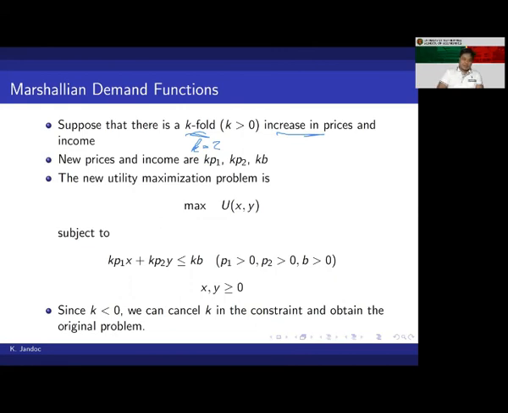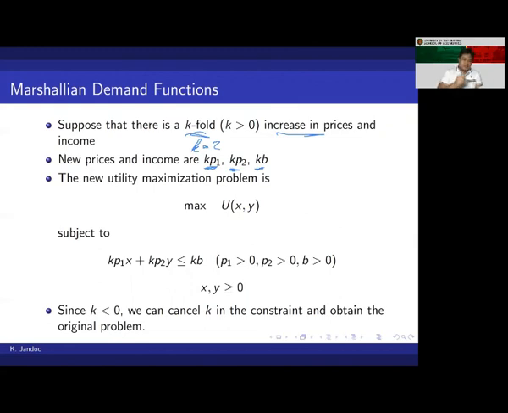Then our new prices would be kp1. For example, if your original price of good X is 2 pesos, now it's 4 pesos, if k equals 2. So kp2 is the new price for good Y, and kb is the new income or budget. So all prices and income or budget increase k-fold.